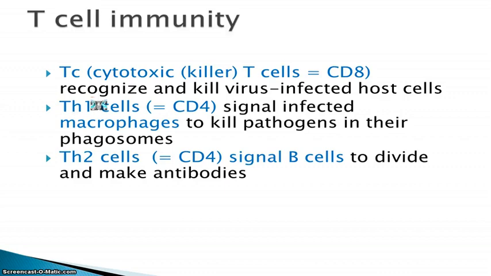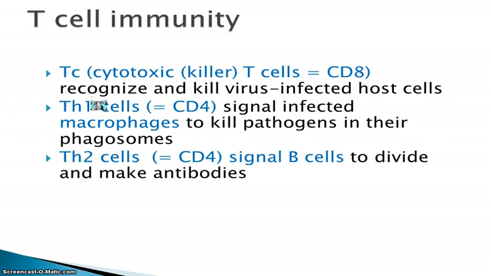If they don't, if they're infected with a virus, then the cells will cease displaying self and display virus instead. If that T cell recognizes that it's not displaying self anymore, that killer T cell or CD8 cell is going to kill the virus-infected cell.